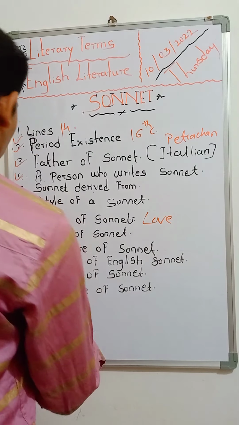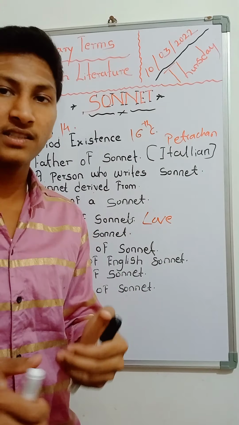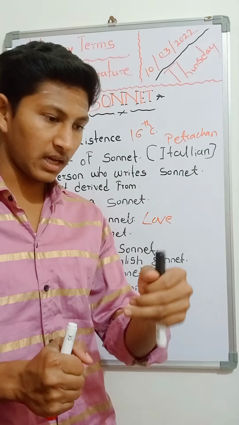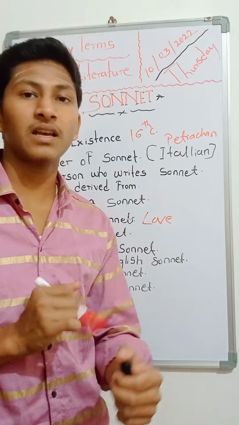Now, the structure of the English sonnet is also written with iambic pentameter, and the English sonnet is also called the Shakespearean sonnet.